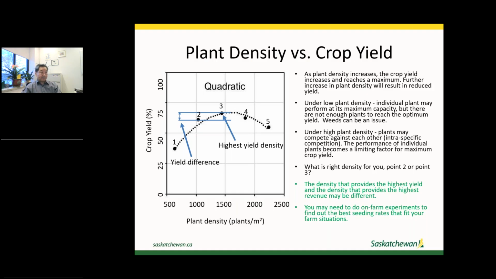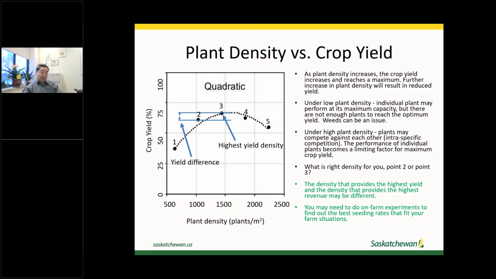But the yield difference from point 2 to point 3 is not much. Does this yield increase justify the additional seeds, which basically increase the seeding rate by 50% to obtain that little yield difference?